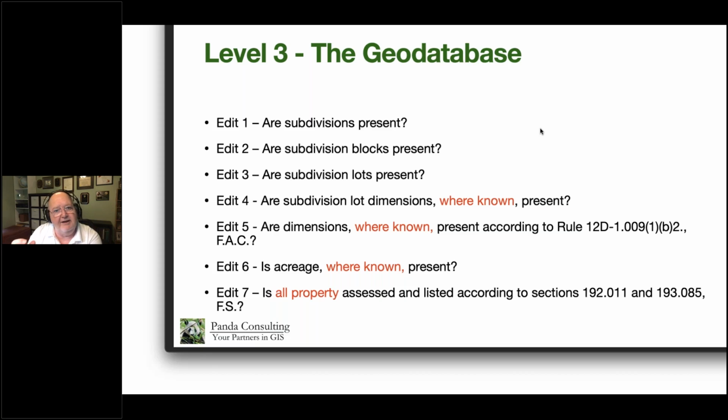I take that back, they do want to actually have all property in here other than road rights of way and railroad rights of way shown on here, including the beds of lakes. So all property is supposed to be assessed on here.